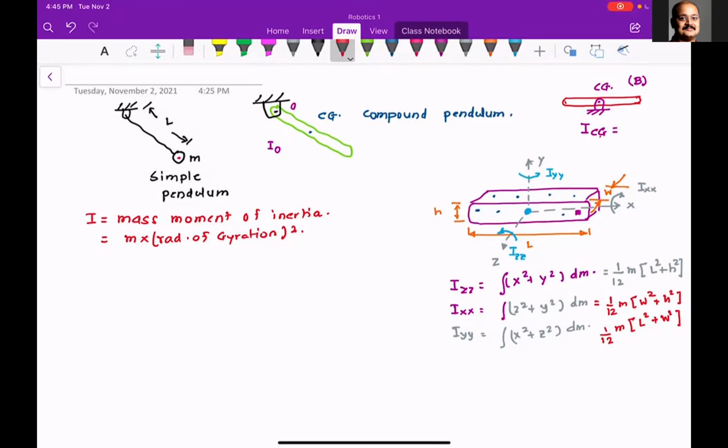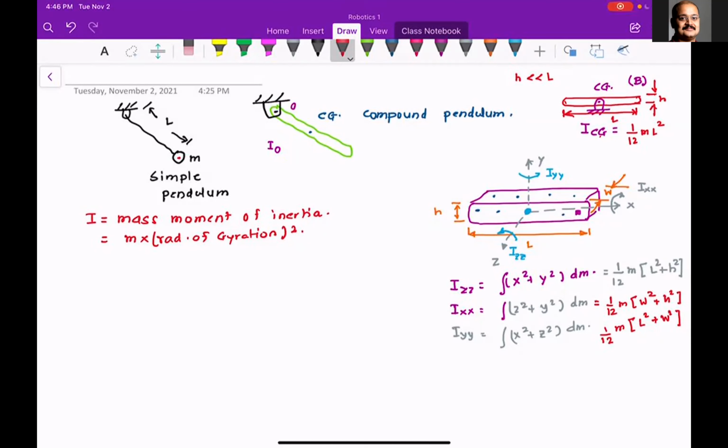This is H, and this distance is L. Since H is very, very small compared to L, the mass moment of inertia about CG can be written as 1 by 12 m L square. Everyone understood this? Any questions here?